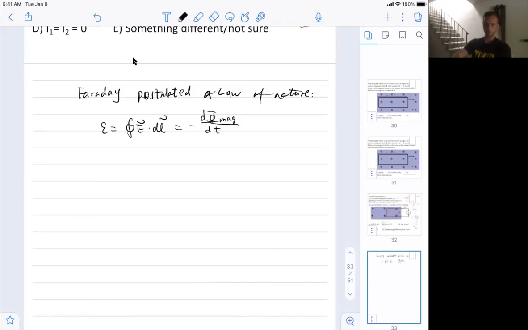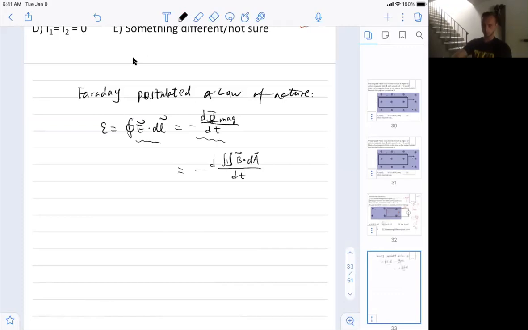EMF, as we said earlier, is the integral of E dot dl because EMF is a voltage, and it seems to be related to the change in flux. So these two are equal. The change in magnetic flux can be calculated from the B field through some area, so it's the integral of B dot dA over dt.